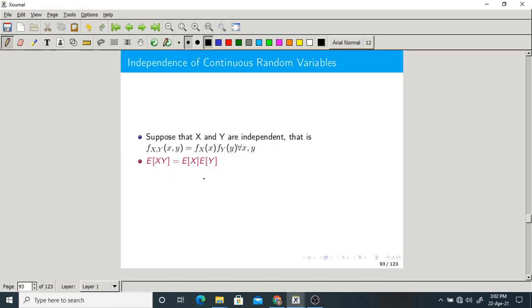This we already discussed. Expectation of x into y should be the same as expectation of x into expectation of y. If x and y are independent, variance of x plus y is equal to variance of x plus variance of y. All these are true for the continuous case also.